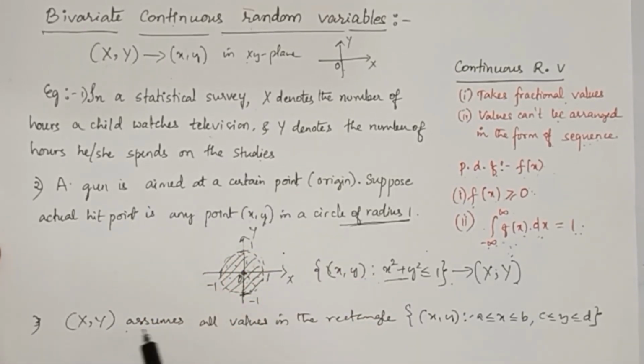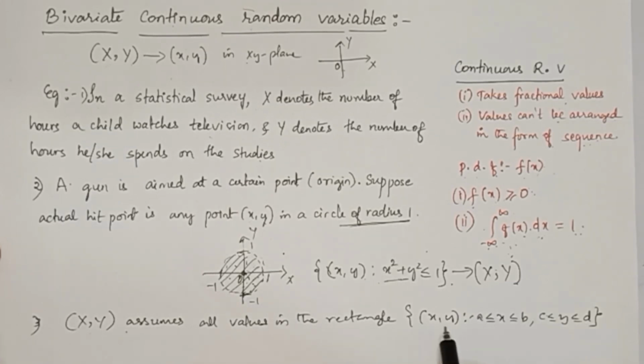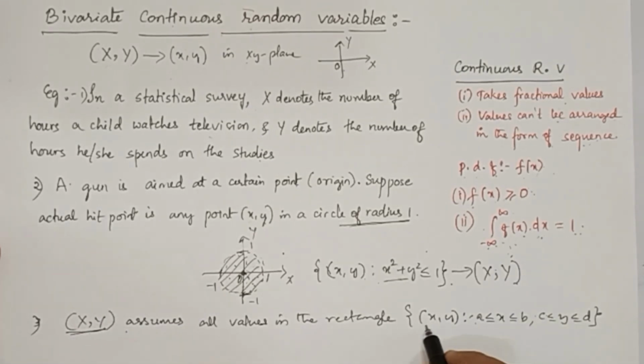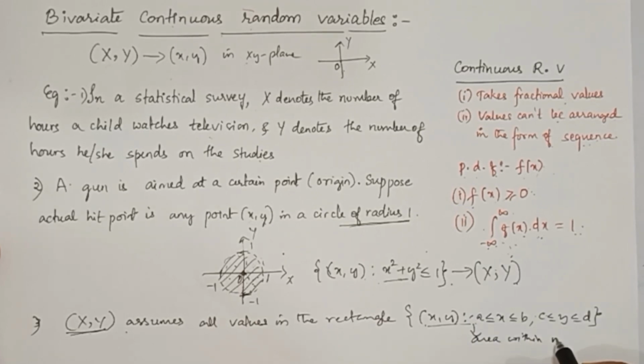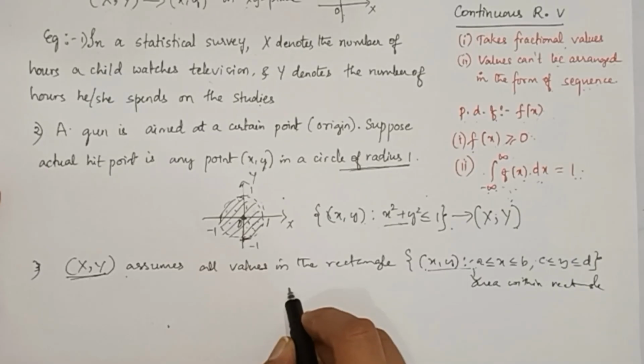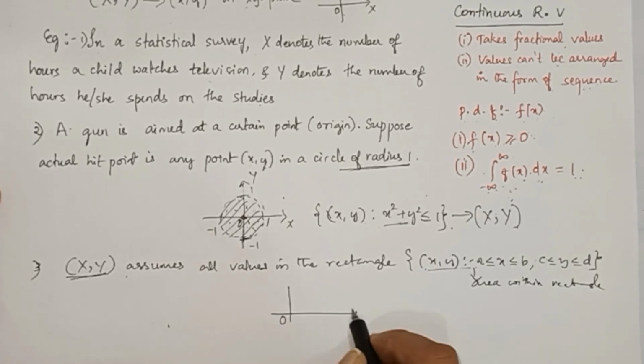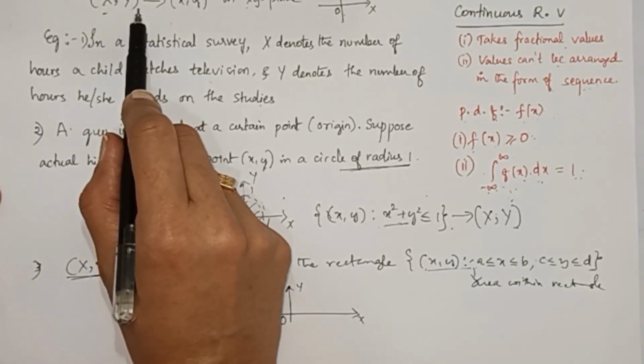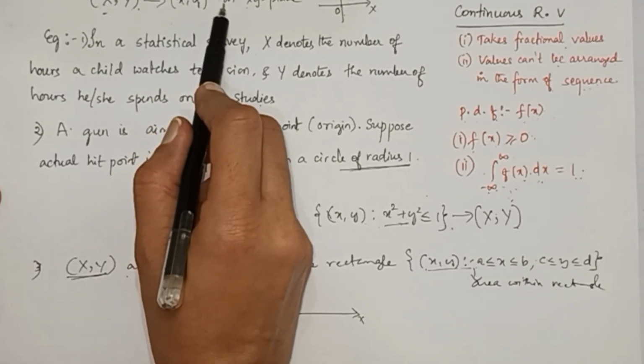Similarly, if (x, y) assumes all values in the rectangle with A, B, C, D as its vertices, then this forms a bivariate continuous random variable, because this gives you an area within the rectangle. If you have the coordinate plane, a bivariate continuous random variable always represents a point in the xy plane.